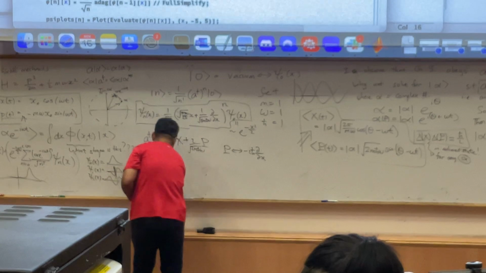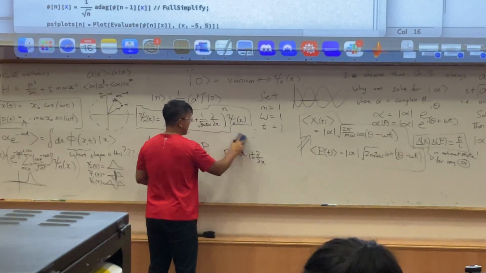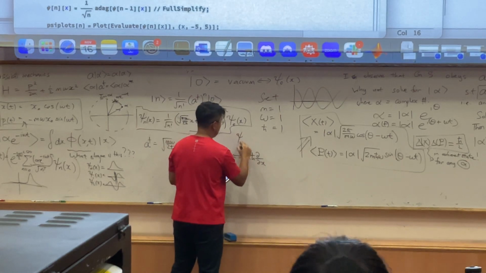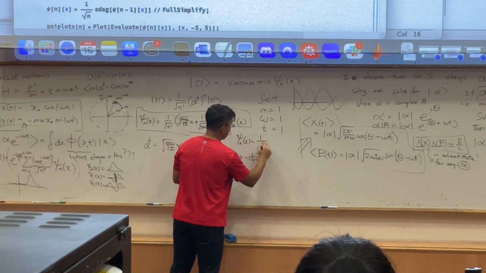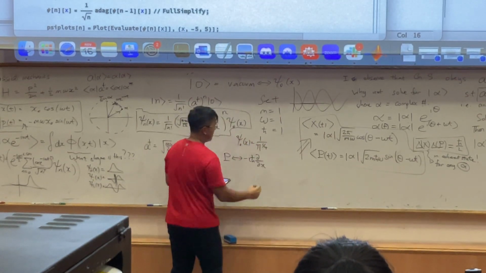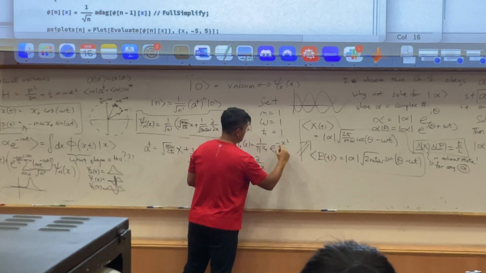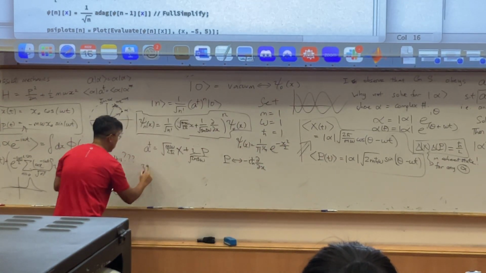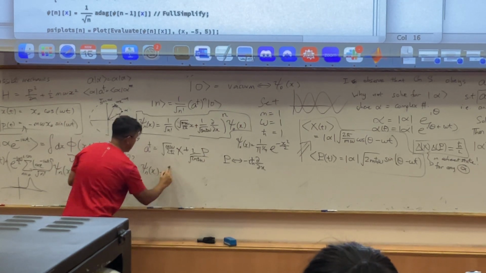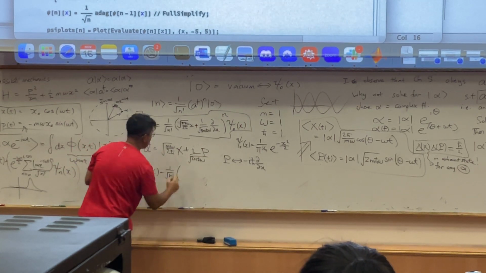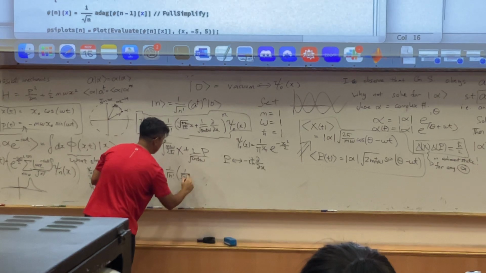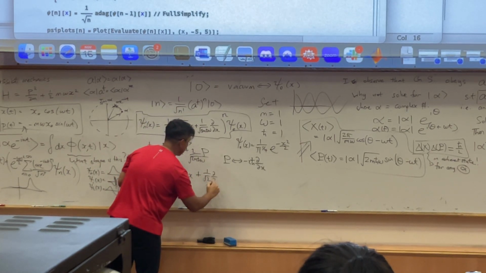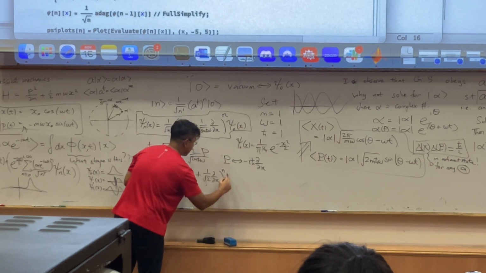Then, under this scenario, psi 0 has a nice form. It's just 1 over pi to the 1 quarter, e to the power minus x squared over 2. And then this simplifies to 1 over square root n factorial, 1 over square root 2 times x minus 1 over square root 2 times d by dx, to the n, on psi 0 of x.